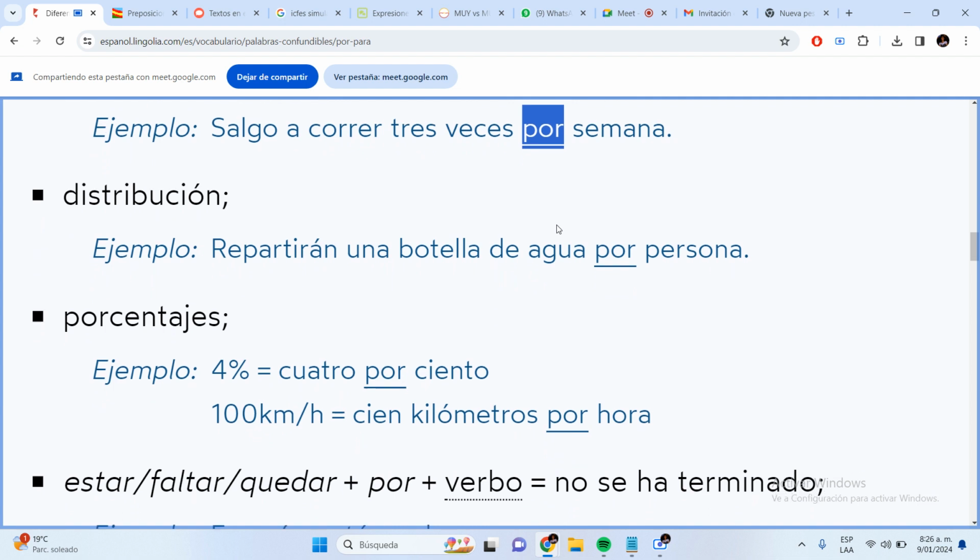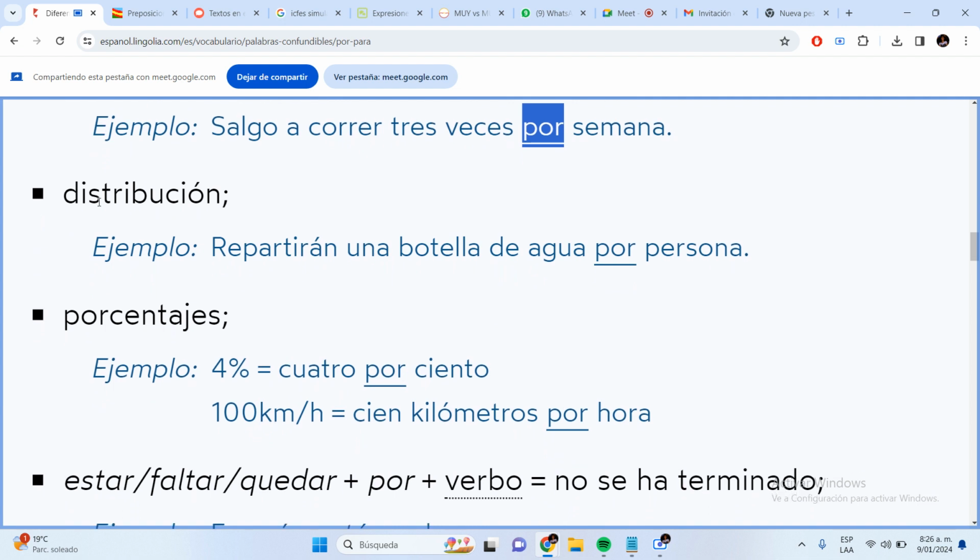Also, when you divide something... Oh, you hang on.